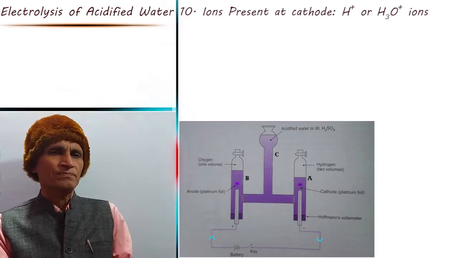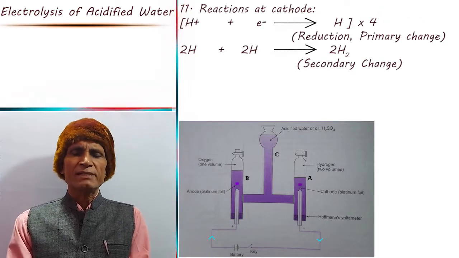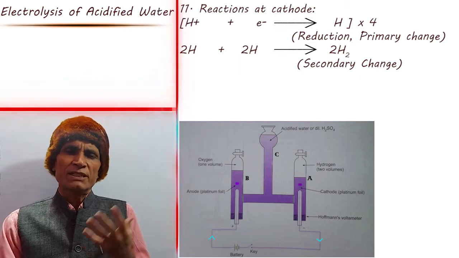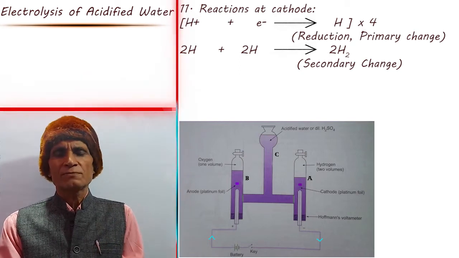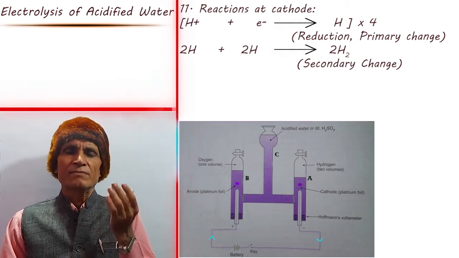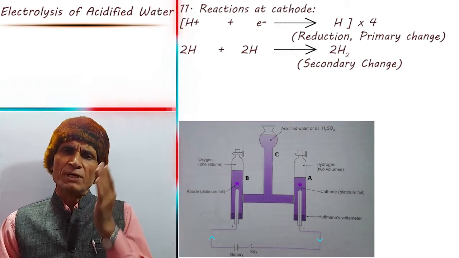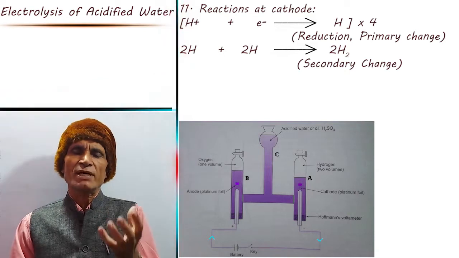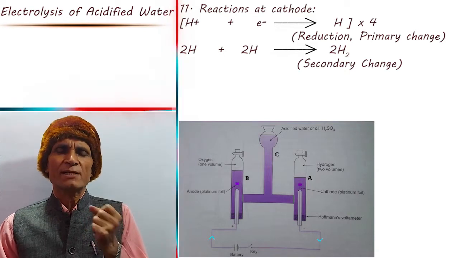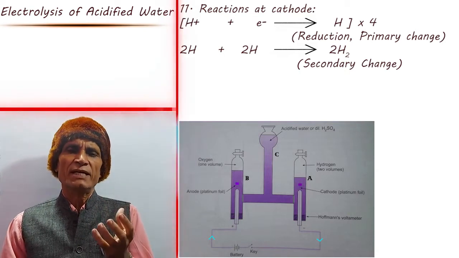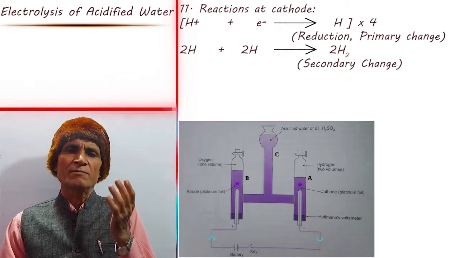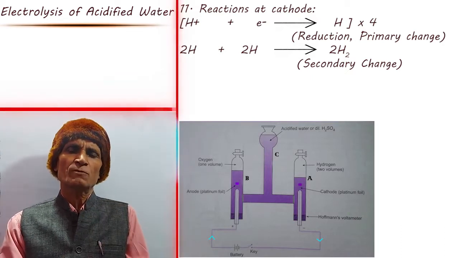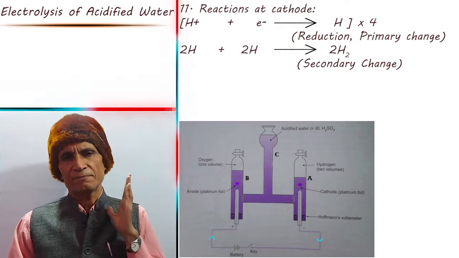Reaction at cathode. Hydrogen ions migrated to cathode take 1 electron per hydrogen ion from cathode. As cathode is the reservoir of electrons, cathode has excess of electrons, so hydrogen ions take 1 electron per hydrogen ion from cathode to form hydrogen atom.